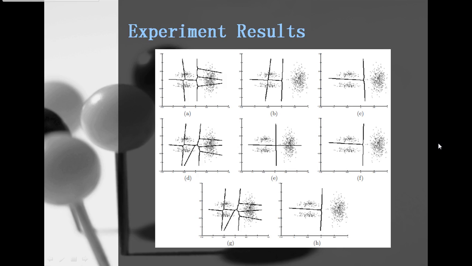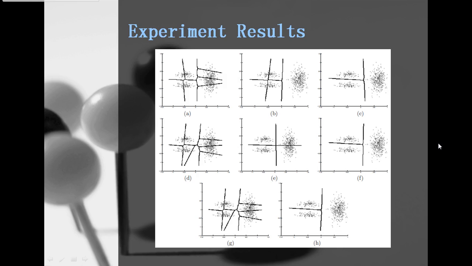For example, in figure A, the depth equals 3 and alpha equals 1.2. In figure B, depth equals 3 and alpha equals 1.5. And in figure C, the depth equals 3 and alpha equals 3.0.